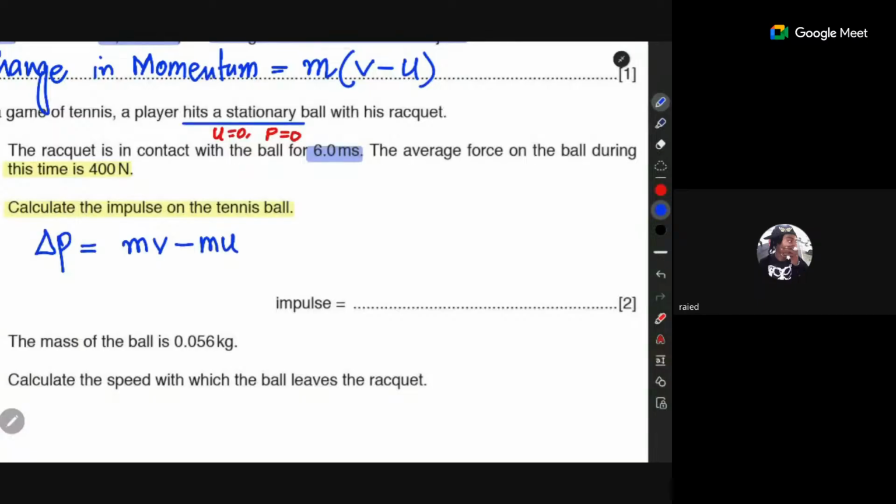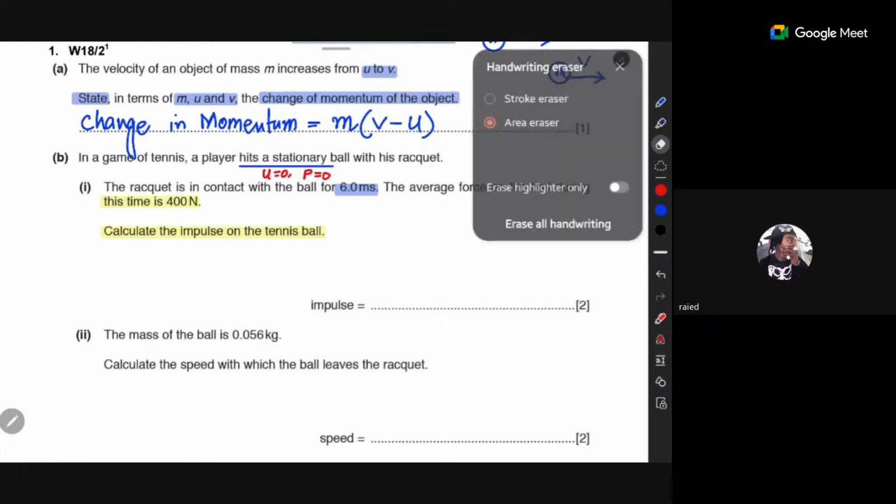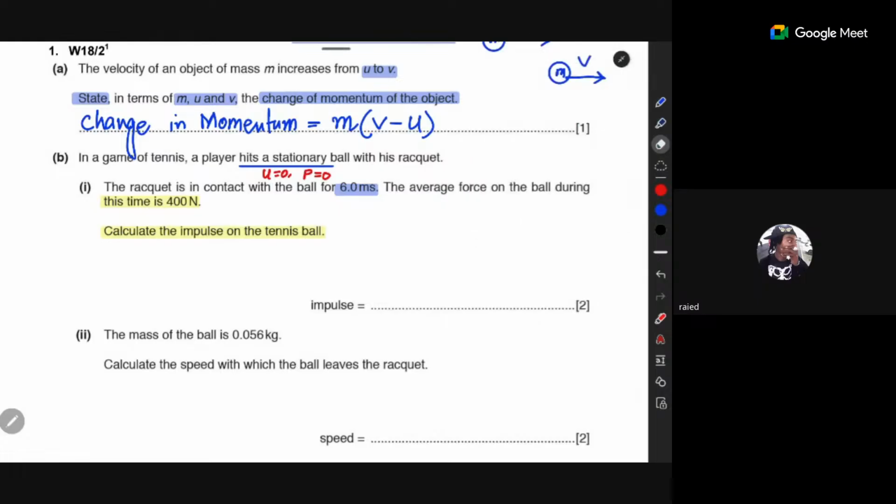But the racket is in contact with the ball, and there is an average force during this. Here you will not use that concept, because I do not have the initial and final velocity, and I am not sure whether the ball bounced off or not.